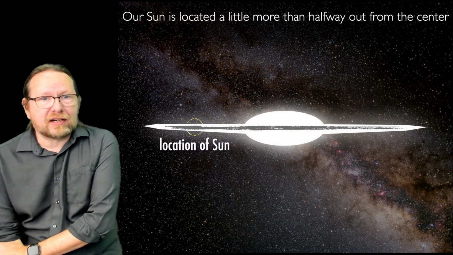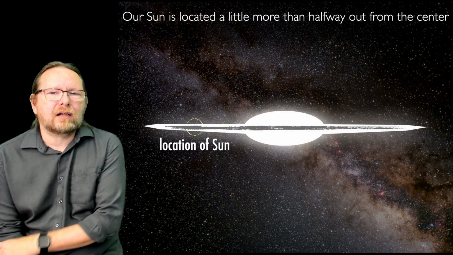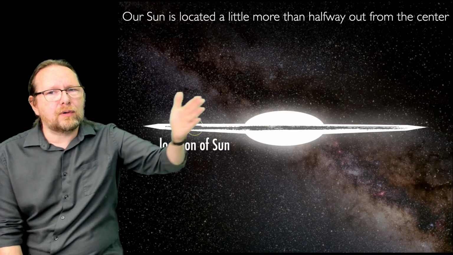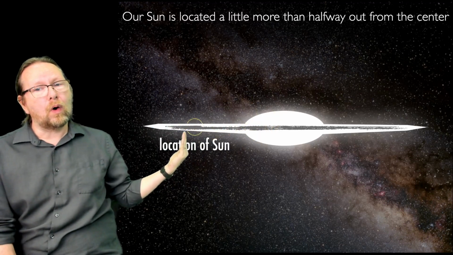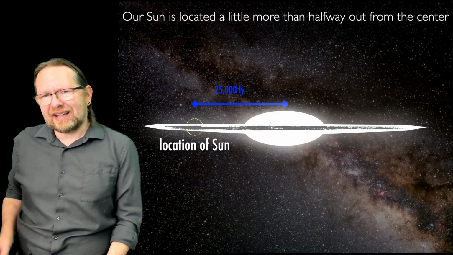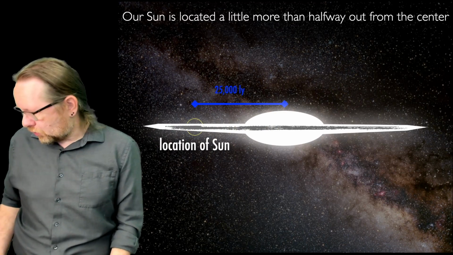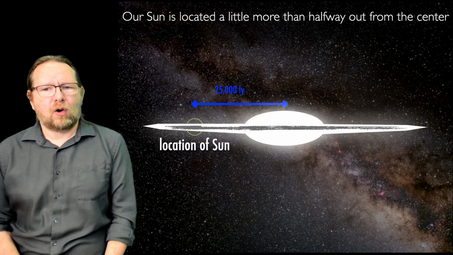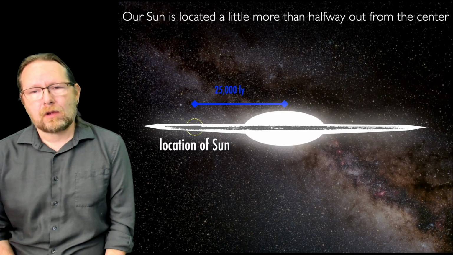Our sun is not at the center of our galaxy. Our sun is located a little more than halfway out from the center to one edge, something like, I think, 20 or 25,000 light years away from the center.